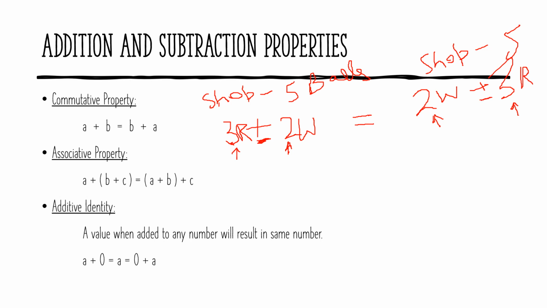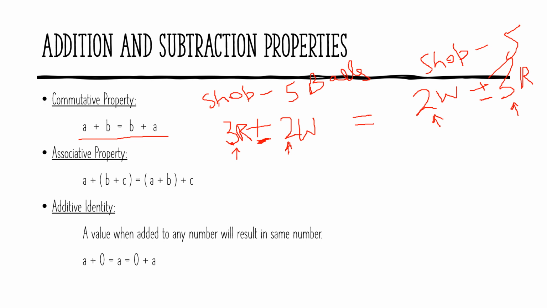If we are doing addition and the order of two numbers is changed, then the value will remain the same. Either you do 3 plus 2 or 2 plus 3, both are the same. In symbols, we say it like this: a plus b equals b plus a. It means if you change the order in addition, the value will remain the same.